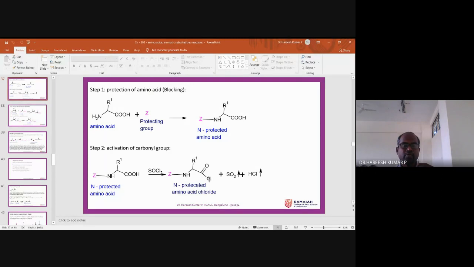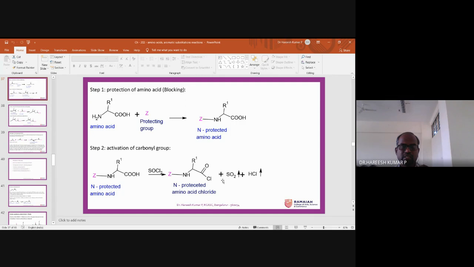Why do we want to convert? Because the OH group is not a better leaving group, whereas chloride is a better leaving group. Once you convert into a chloride, this can be treated with the unprotected amino acid.